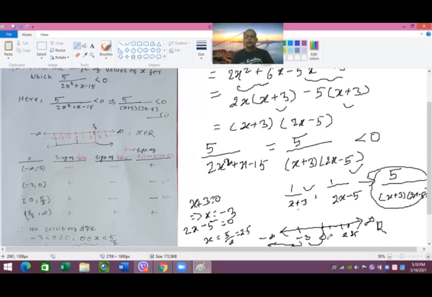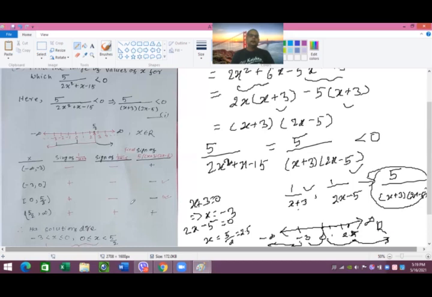Then you have to find the signs for 1 by x plus 3 and 1 by 2x minus 5 between 0 and 2.5, because we have 2.5 as reference point. And then for the points above 2.5, that is from 2.5 to plus infinity.